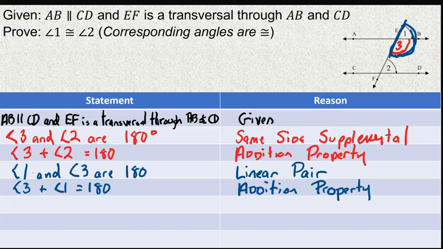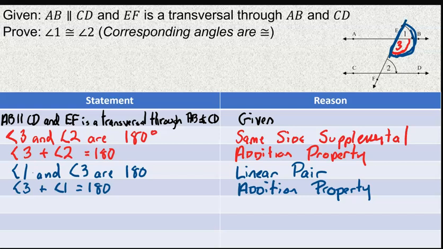So now I mentioned this in the previous video. This is precision in language here. So what I am doing is first I'm stating what I know. So I'm saying angle 1 and angle 3 are 180 degrees because they are a linear pair. Then I am stating how I'm going to use that information by employing the addition property.